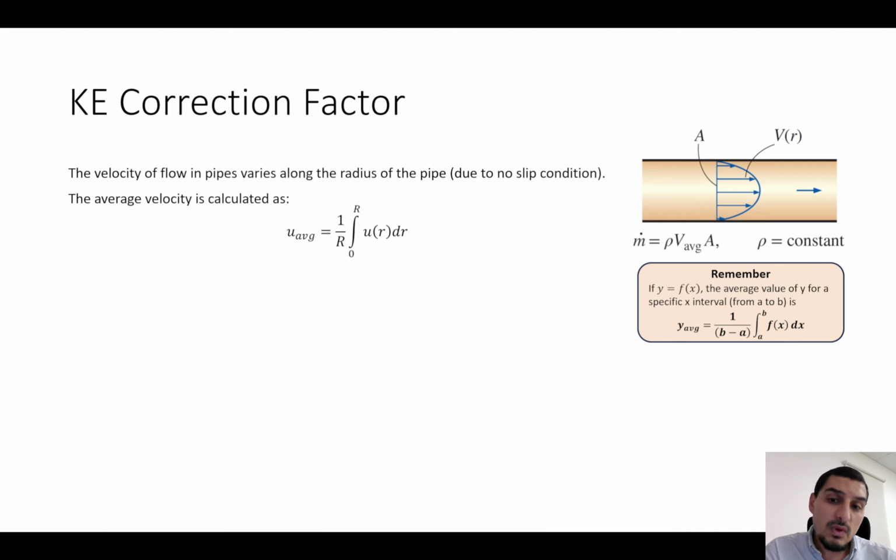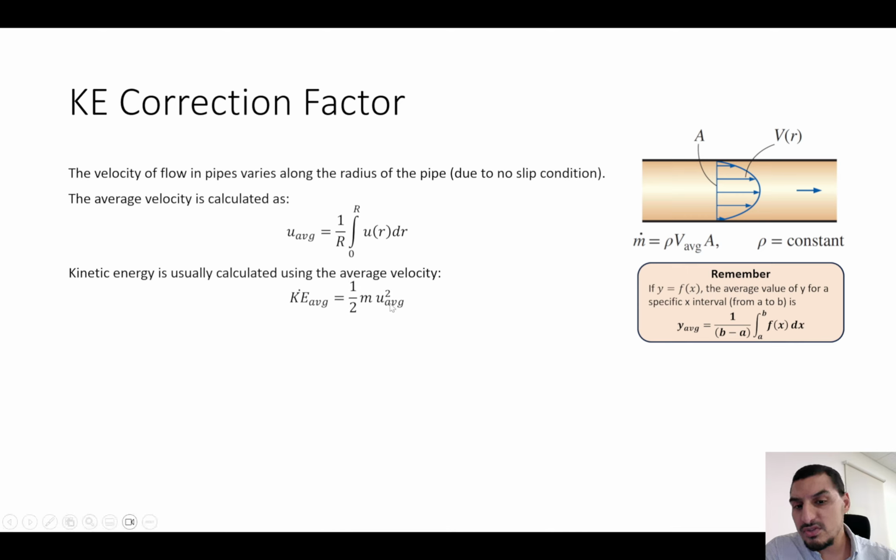So when we calculate the kinetic energy as half m u average squared, then we have an average value of the kinetic energy. Keep in mind that when we get the average velocity, we don't actually calculate it using the integration. We measure the velocity, and the average velocity is what we get.